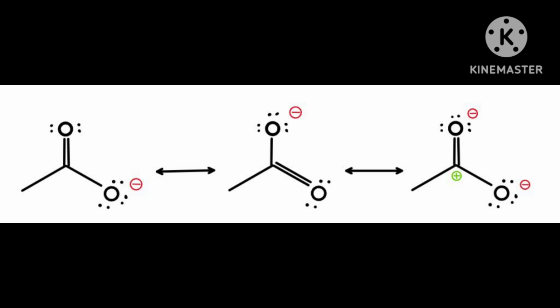Carbon-carbon single bond is 154 picometer and carbon-carbon double bond is 134 picometer. But the average of these two, 139 picometer, is actually found by experiment, intermediate between 154 and 134 picometer.